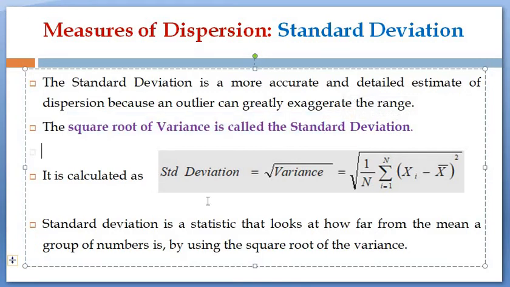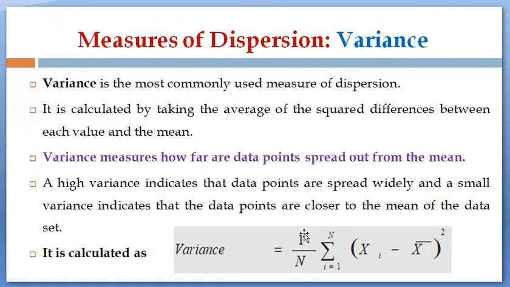Standard deviation equals, as I said, the square root of variance. And what is variance? We have seen in the earlier slide that variance is the summation of the squared difference between the data point and the mean, divided by the total number of values.